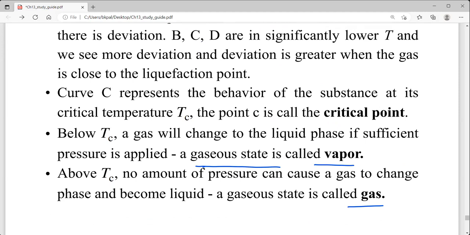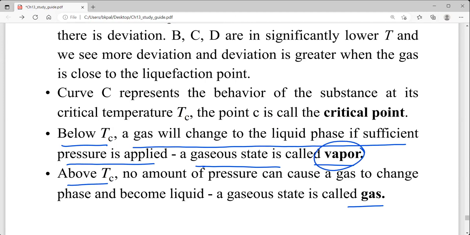If the temperature is below the critical temperature, then you can change the gas to liquid by just changing the pressure. So gas will change to the liquid phase if sufficient pressure is applied, and this time the gaseous state is known as vapor. If the temperature is higher than the critical temperature, no amount of pressure can cause a gas to change phase and become liquid. And this time the gaseous state is known as gas.